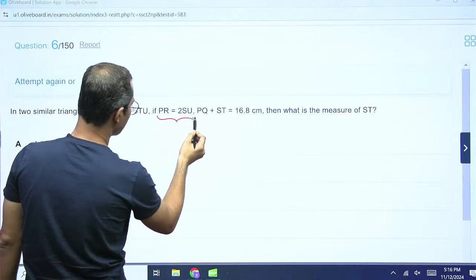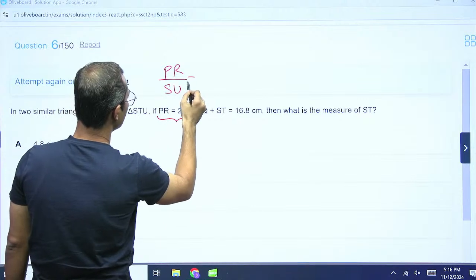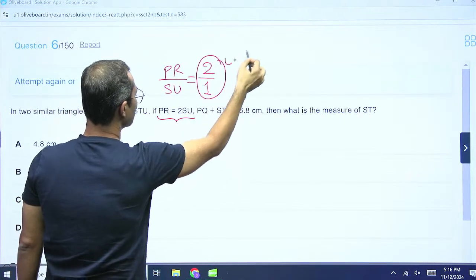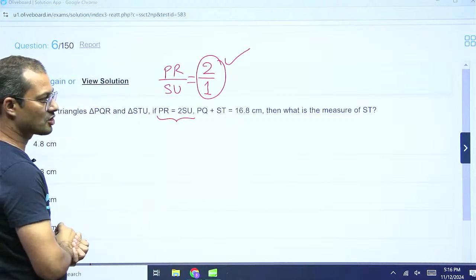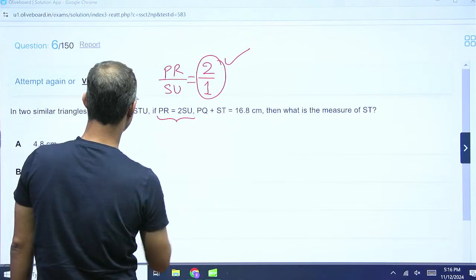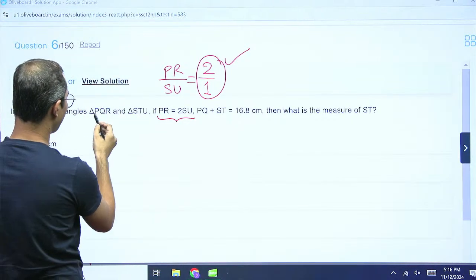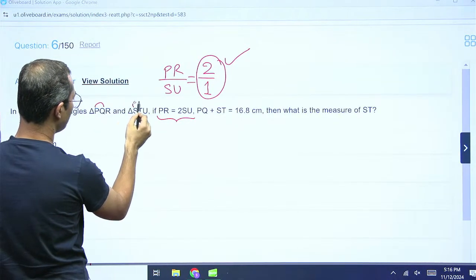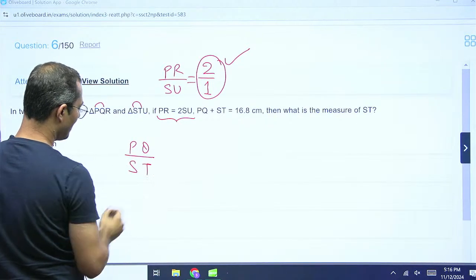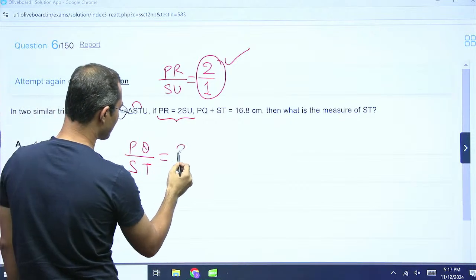So with this condition we can say that PR upon SU is equal to how much? 2 by 1. So the ratio of corresponding sides is 2 by 1, right? Here we are given PQ plus ST. PQ divided by ST is the corresponding side, so their ratio must be 2 by 1.